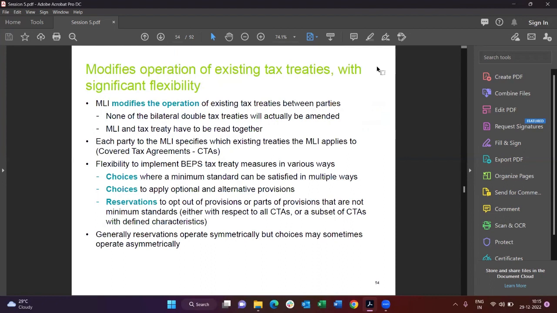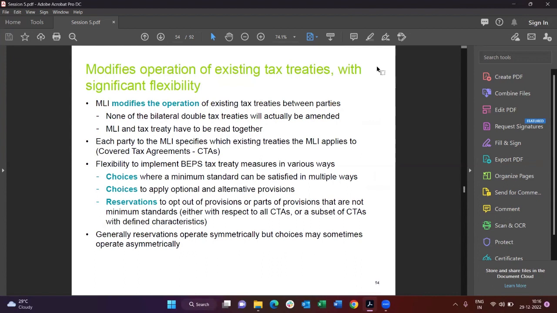For example, if a domestic law is amended, we can see the amendment in the section itself, like if Explanation 3A and 2A was amended, we can come to know in that section. But MLI doesn't amend the treaties, it just modifies the treaty. So an MLI and a tax treaty need to be read together to understand the interpretation of law.